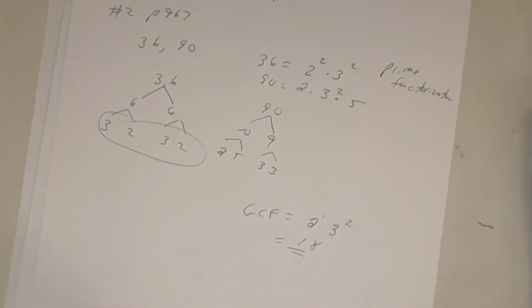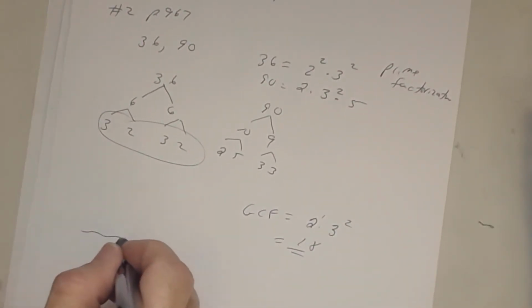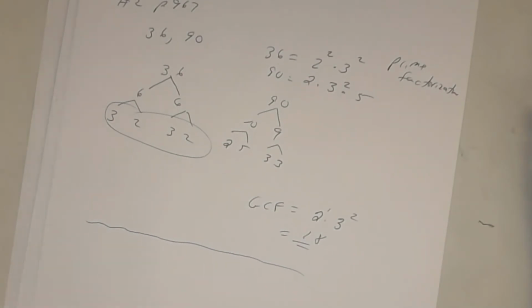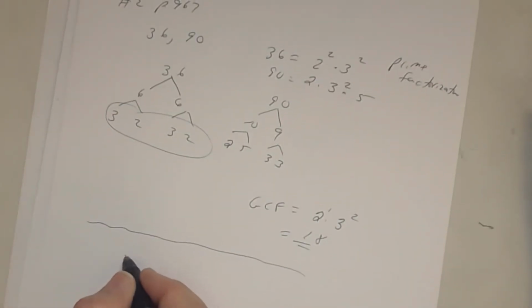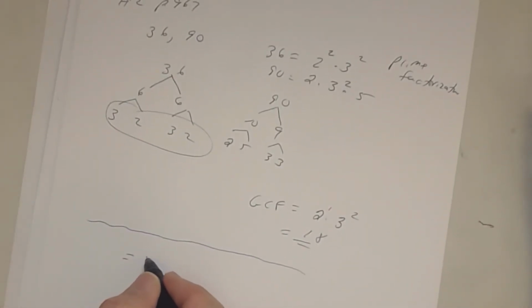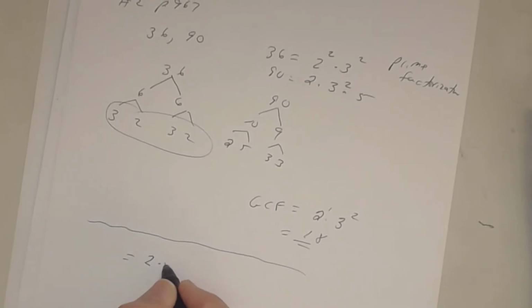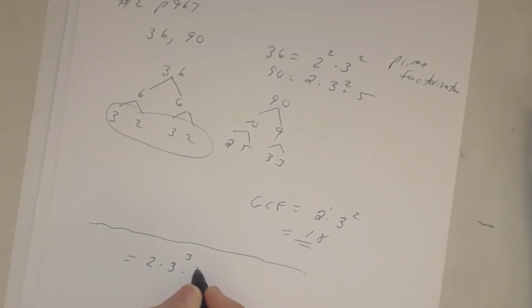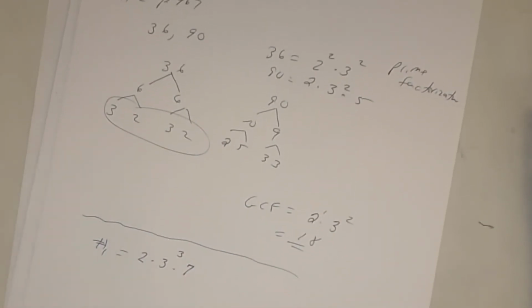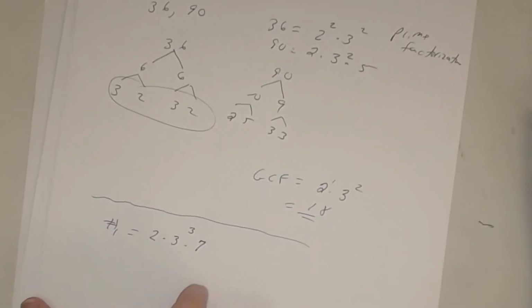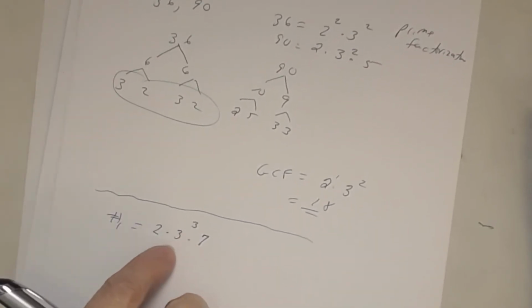All right, so let's suppose I give you this number, whatever number this is. Let's suppose it's 2 times 3 cubed times 7. That's my first number, number 1. I can figure it out on my calculator.